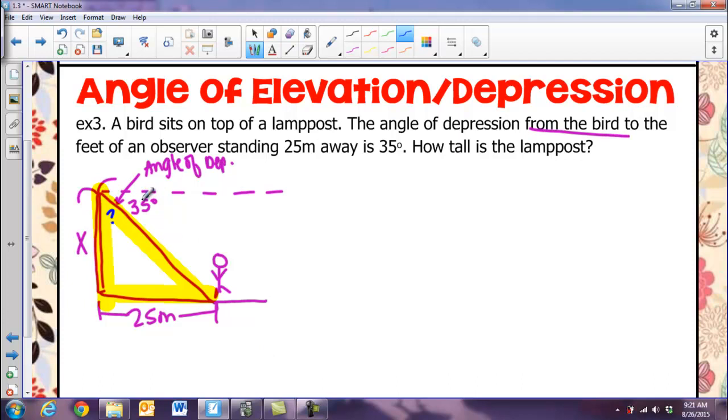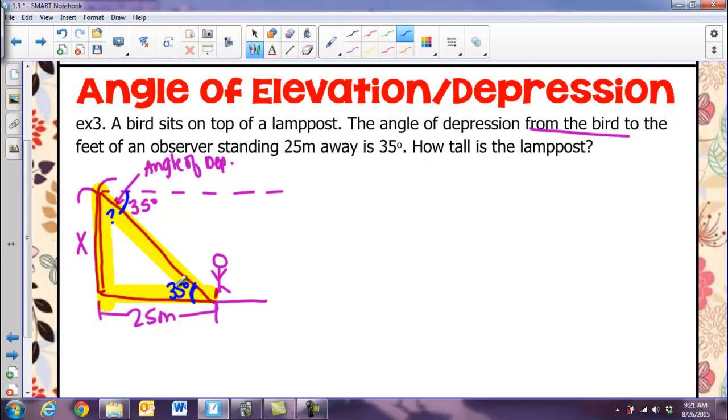The other thing you can do, and we talked about this on Tuesday, is when you have two parallel lines, which we know this horizon line that the bird is looking at and the ground are, I then know that this angle and this angle are the same. So this angle right here is going to be 35 degrees. Again, you can use whichever one you want if you'd rather do the minus thing, but just be careful, especially with angles of depression.